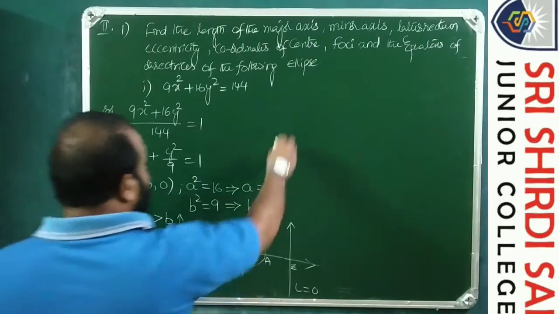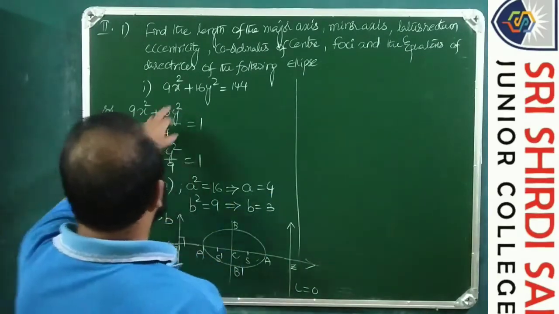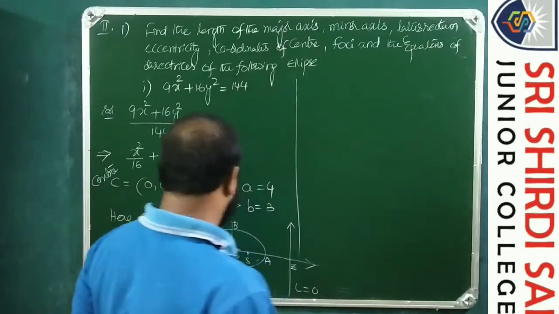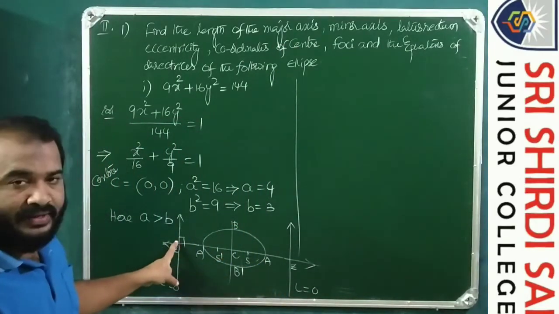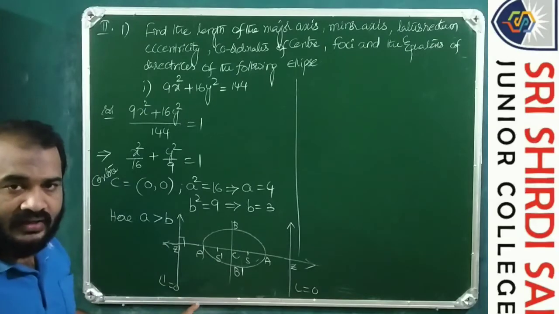Now, first major axis: since a is greater than b, major axis is along x-axis.